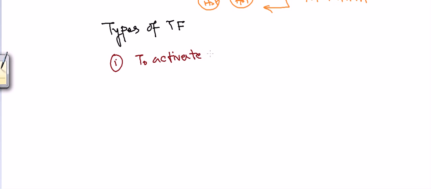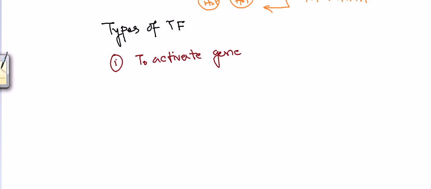So let me write the types of TF. Depending upon their functionality, we can have different types of transcription factor. One type which helps to activate a gene, or we can say to activate transcription.